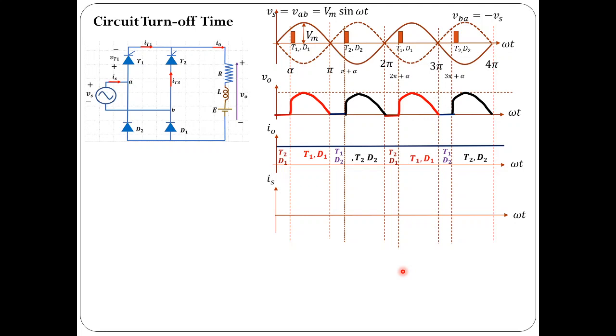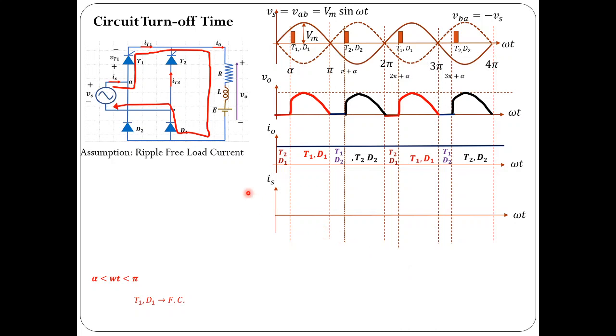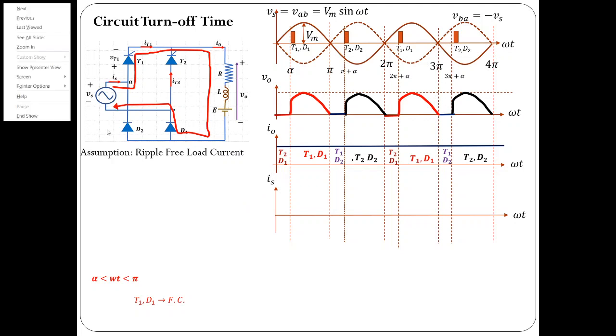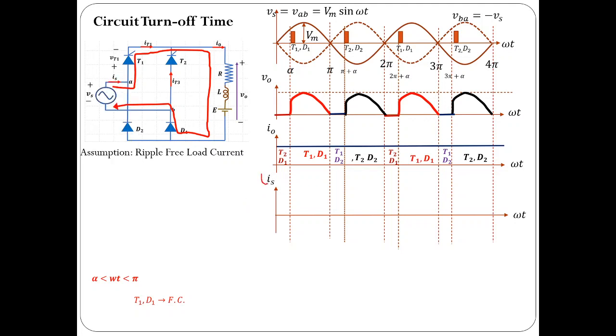Now coming to circuit turn-off time, which is also a very important parameter. Consider the voltage across any one of the thyristors. This is not I naught, this is VT1.